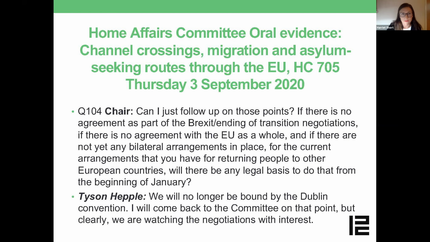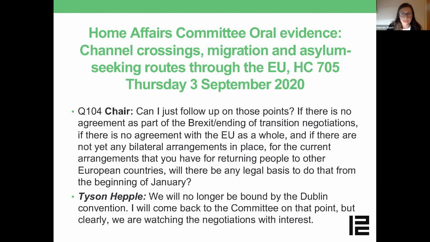This is just a couple of months ago, and I think it's fair to say that the officials were unable to provide immediate clarity. The chair asked Tyson Hepple, now he's the Director General of Immigration Enforcement for the Home Office, whether there's any legal basis for third country returns from January 2021.